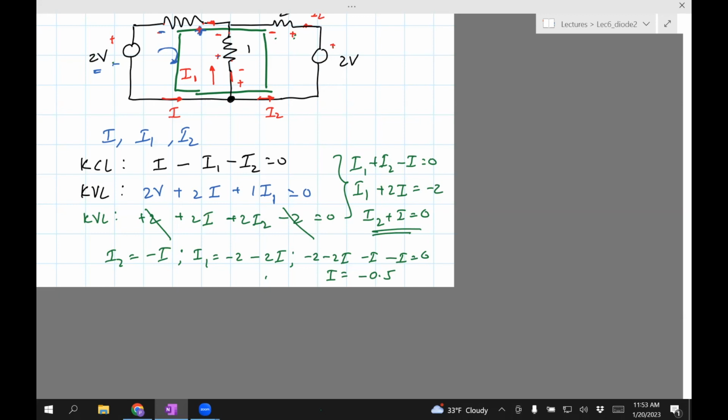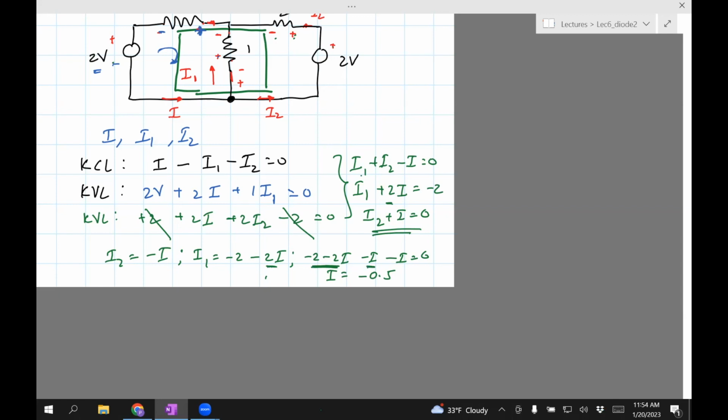Let me check this again. I2 equals minus I, I1 equals minus 2 minus 2I, which is from the second equation. And then I put that in the first equation.